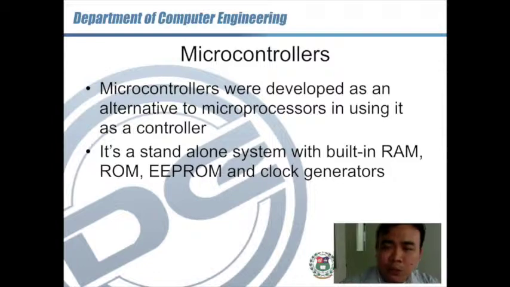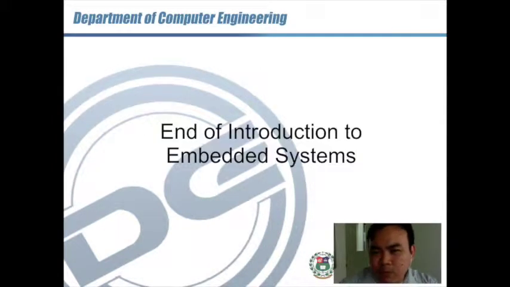And that's the microprocessor alone, but you also have to have the memory and I/O controller and so on. A microcontroller is basically a chip, a standalone system. It has built-in RAM, ROM, EEPROM, clock generators, whatever you need to create an entire computer system. We will discuss more about microcontrollers in the next chapter.